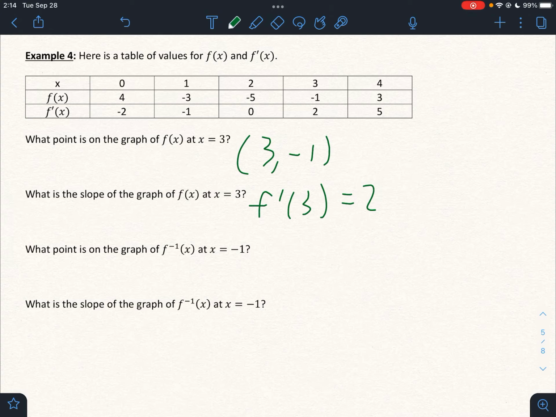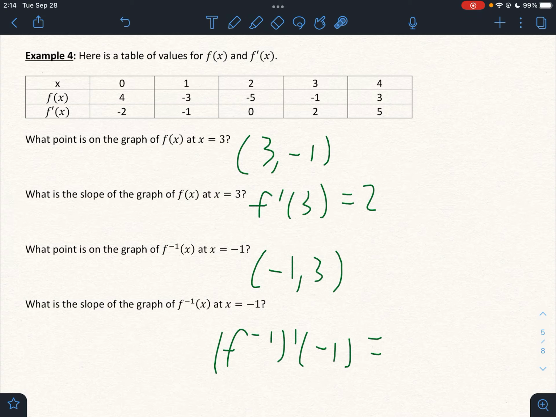Then what point is on the graph of the inverse at -1? That would be -1, 3, because they're mirrored points. What would the slope be at that point? The reciprocal of this slope here, which would be 1 over 2.